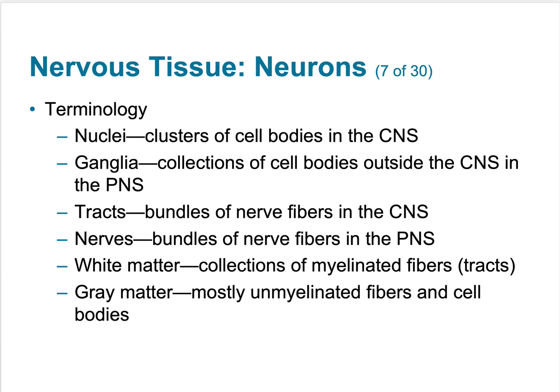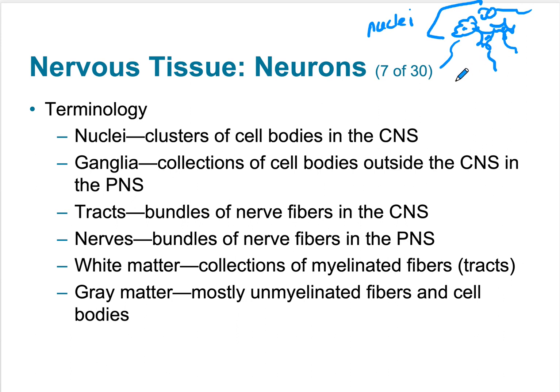So when you have a whole bunch of cell bodies clustered together, here's a cell body, here's a cell body, here is a cell body, that is called a nuclei. So all of this is called a nuclei. You have a nuclei of a cell, you have a nuclei of an atom, and now you have a nuclei of the central nervous system. A nuclei of the central nervous system is just a cluster of cell bodies, a whole bunch of cell bodies bound together. That's what we call a nuclei.